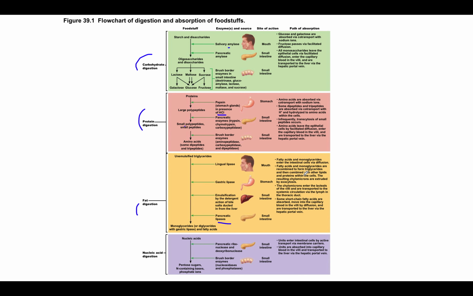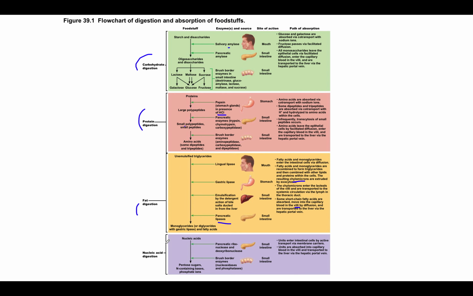Part of it then combines with protein to become larger molecules called chylomicrons, and then lacteals absorb them. Smaller chain fatty acids are absorbed into the capillaries of the blood in the villi of the small intestine.